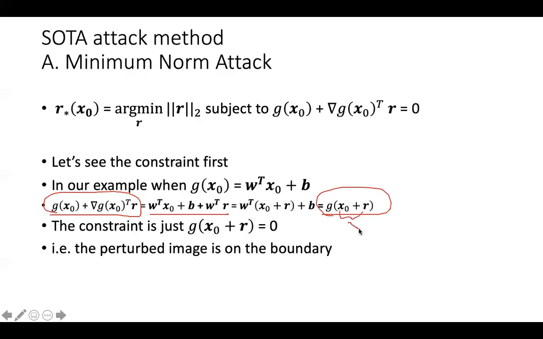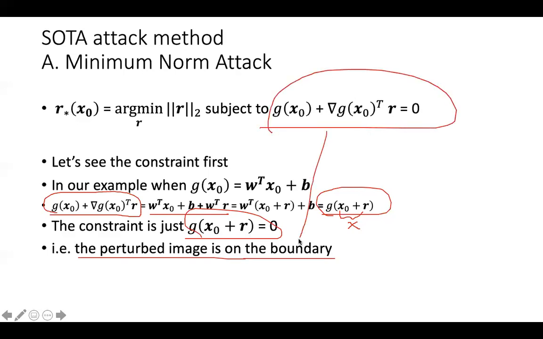It's just the adversarial example. So if we let it be 0, then it just means the perturbed image is on the boundary. So this is just a mathematical expression for this sentence. Okay, so it's nothing new here.